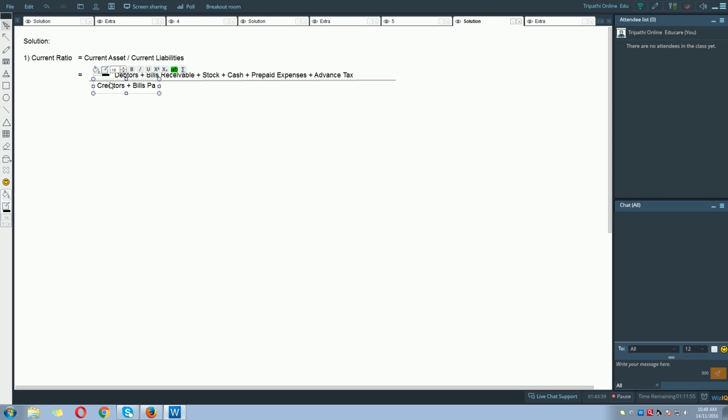Current asset we can take sundry debtor, bills receivable, stock, cash and cash equivalent, prepaid expense and advance tax. So this many items we can take as current asset, and current liability we can take sundry creditor, bills payable, bank overdraft, provision for income tax and proposed dividend, that is provision for dividend.